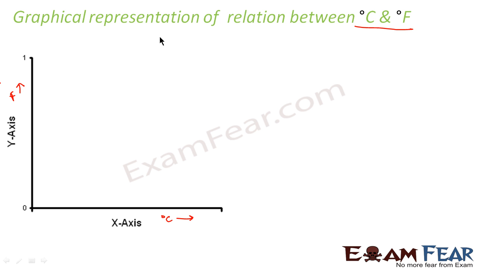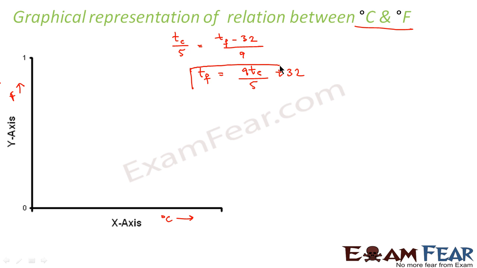What is the expression that we have for the relation between Celsius and Fahrenheit? It is Tc/5 = (Tf - 32)/9. So, this we can write as Tf = 9Tc/5 + 32.